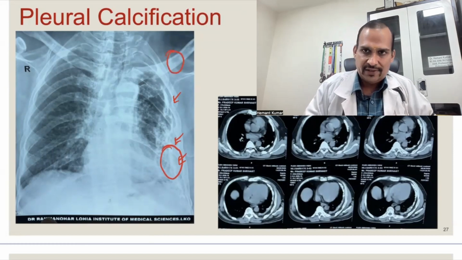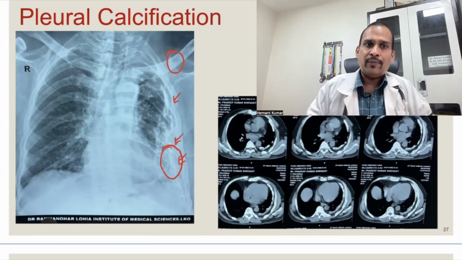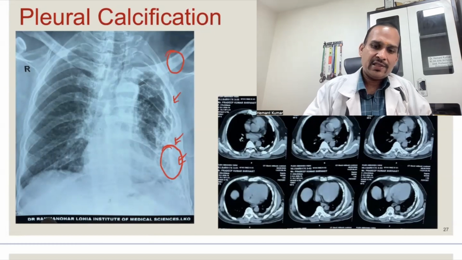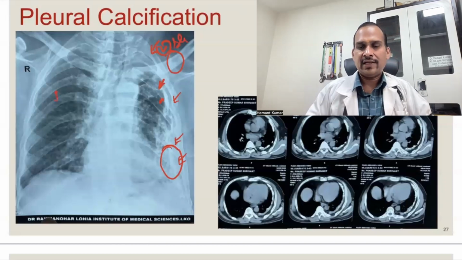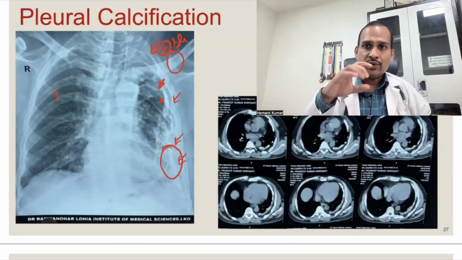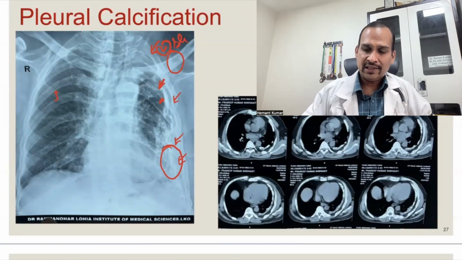This is calcification. One more thing you can appreciate: there's drooping of the left shoulder and the intercostal space is narrowed as compared to the opposite side. There is contraction.